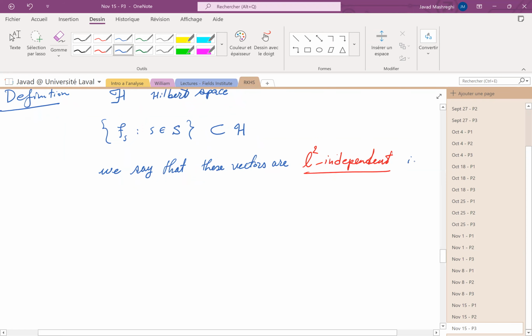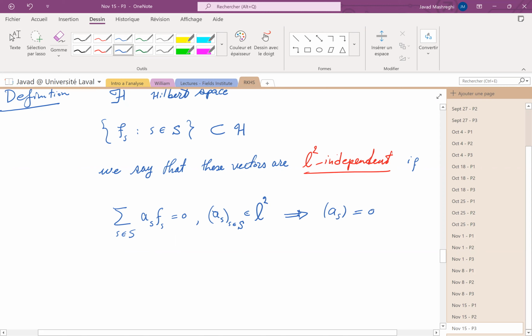If whenever the sum over s in S of as fs is equal to 0, and this is in L2 of S, then we conclude that as is identically 0.